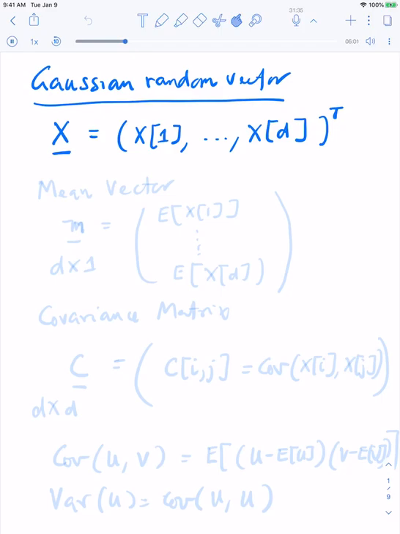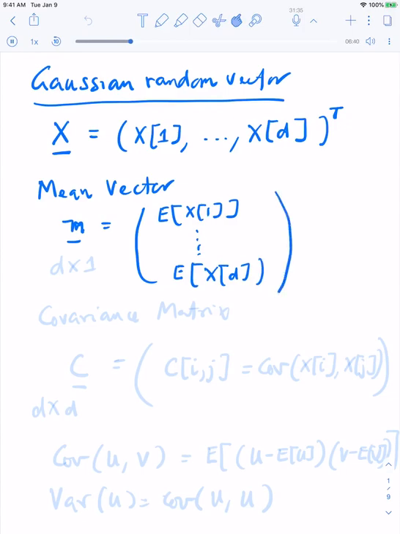Again, we can talk a lot about these, but we are just going to state the basic facts. A Gaussian random vector can be characterized by, just like the Gaussian random variable could be characterized by the mean and variance, a mean vector, which is just the individual means of these, basically expected value of x1 through expected value of xd.